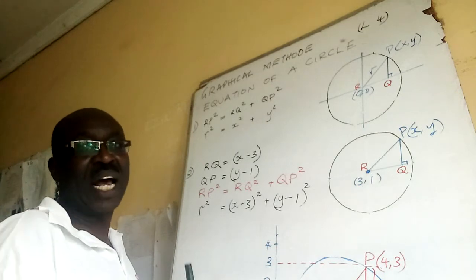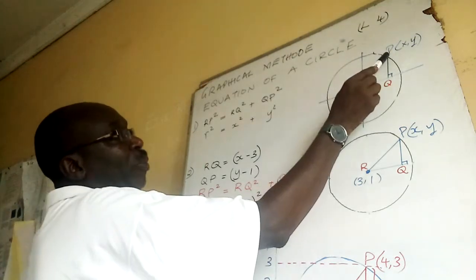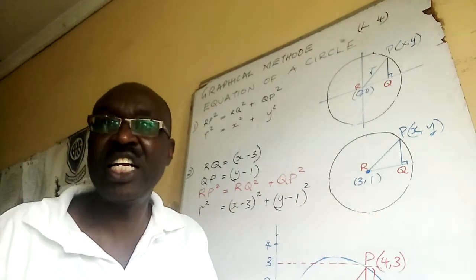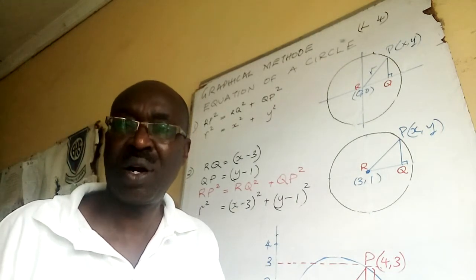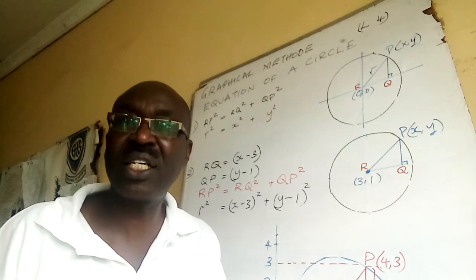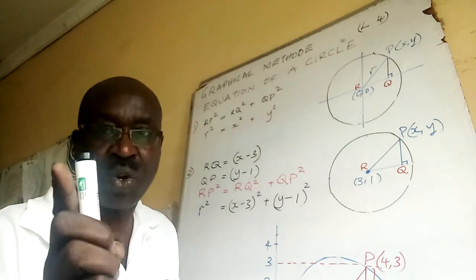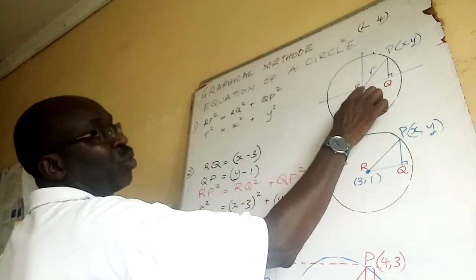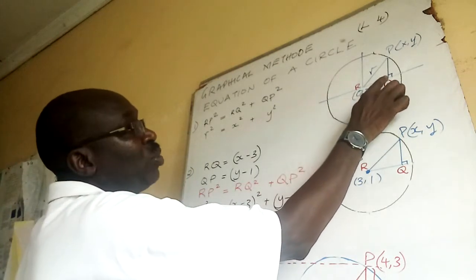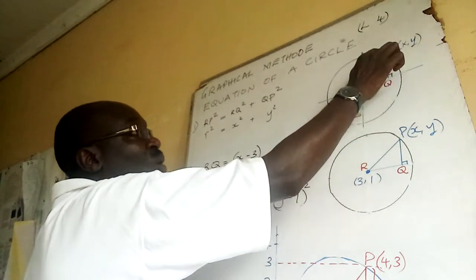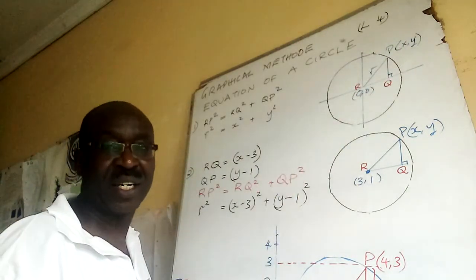Now, if you pick a point P there and give it its general coordinate x, y, what does it mean? From the center up to this level is x units, and then you go up y units.